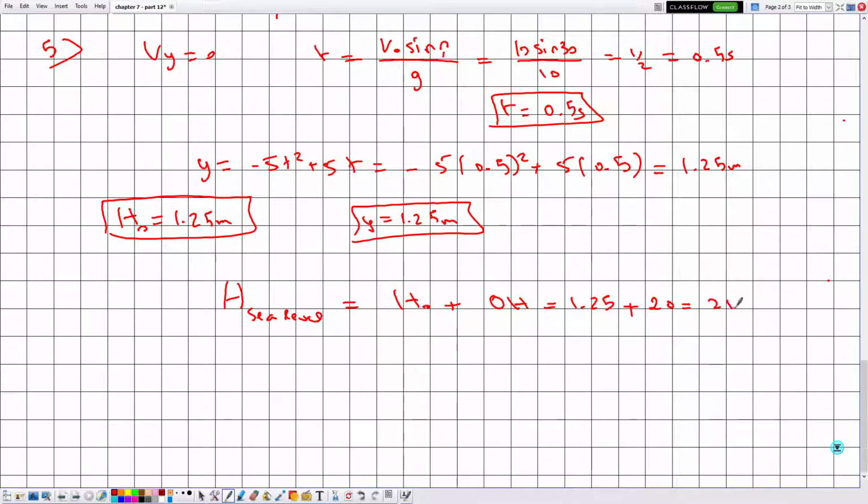So this is equal to 21.25 meters. Then the maximum height with respect to the sea level is equal to 21.25 meters.